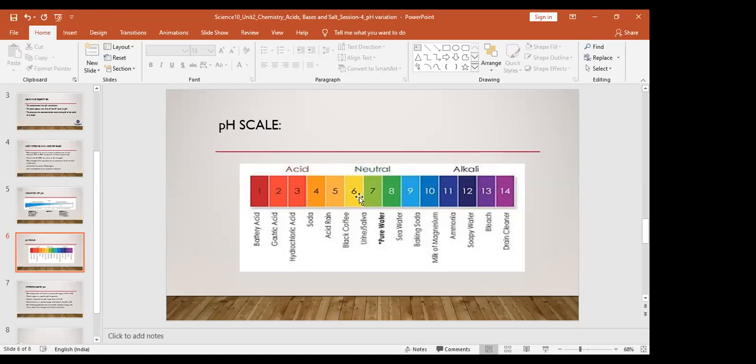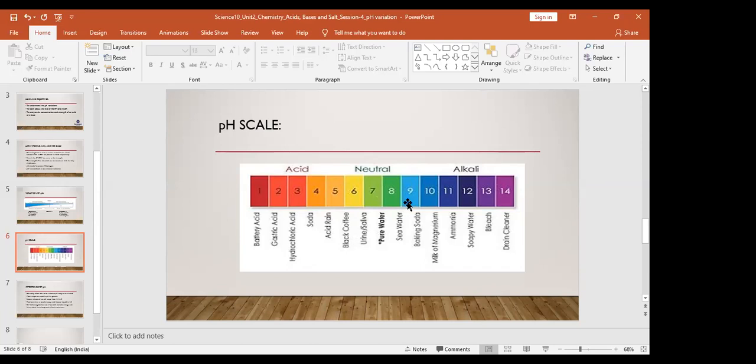That goes to 6.8, 6.9, like that. Human blood is considered to be neutral, but it is not exactly neutral. Human blood's pH goes from 7.3 to 7.5. Hence, we can say that it is slightly basic in nature. Very mild, but not exactly neutral.